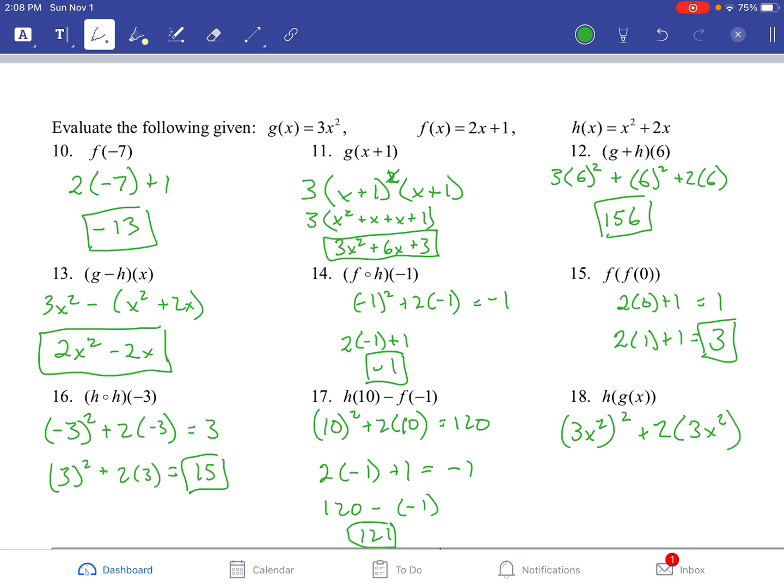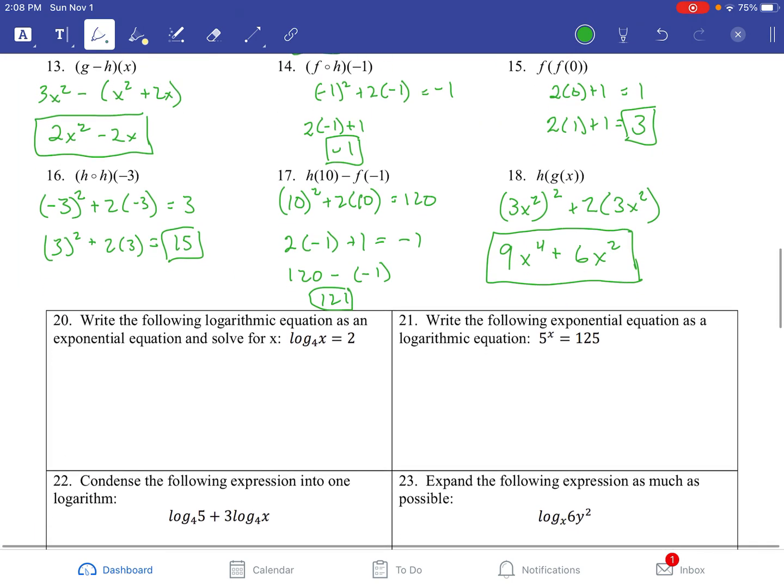Okay. So you have to square all these things. 3 squared is 9. x squared squared, you're multiplying the exponents. You have x to the 4th plus 6x squared. And that is the answer for 18.